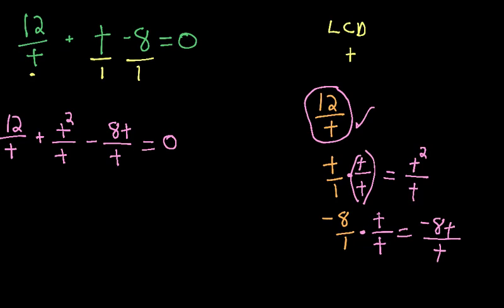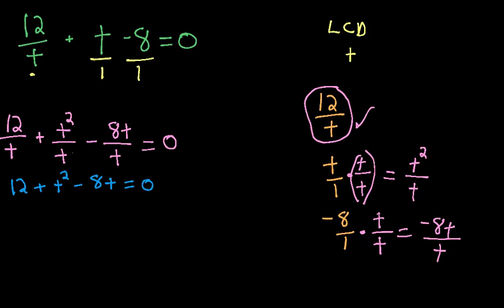What we notice is all of them have the same denominator, so we can drop our denominator and just use our numerators now. I just like switching up the colors, so let's use a little bit of blue. If we just took our numerators, we could say this is 12 plus t squared minus 8t equals 0.